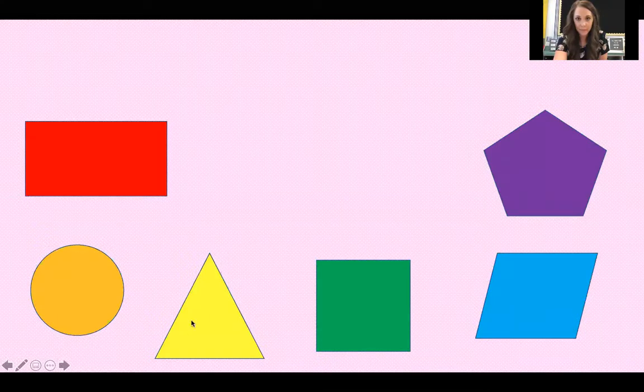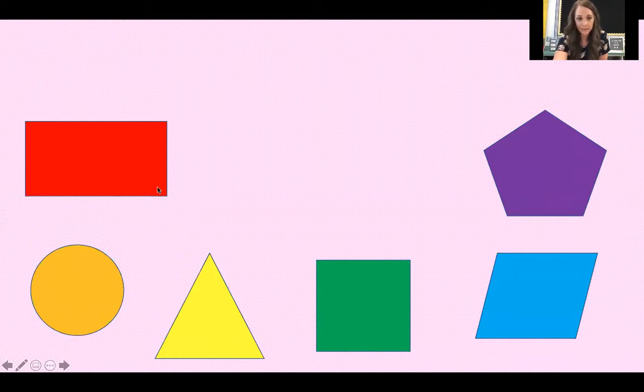So what we're going to be doing is we're going to be looking at some different objects that we see in real life, and we're going to be describing what shape they are. All right? We're going to look at some pictures together, and then we will do an activity where we sort some shapes. All right? So I'm going to share my screen with you so you can see my PowerPoint.